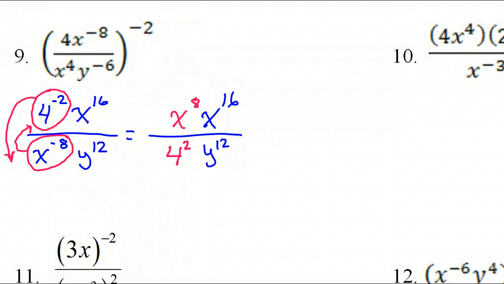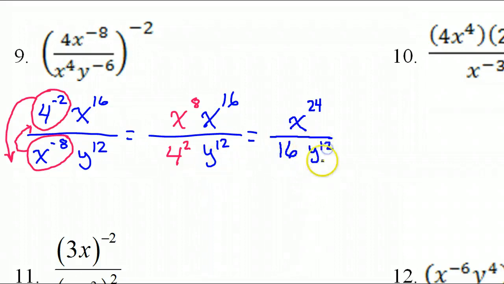Okay, so now it's time for the last step. Sort of cleaning this up a bit. So this will become x to the 24th power as I add these exponents. And because this is just 4 squared, I better go ahead and write 16. And y to the 12th is still there.